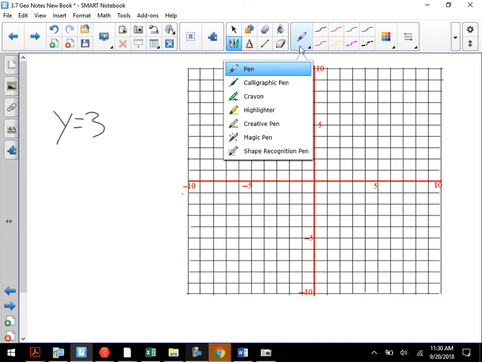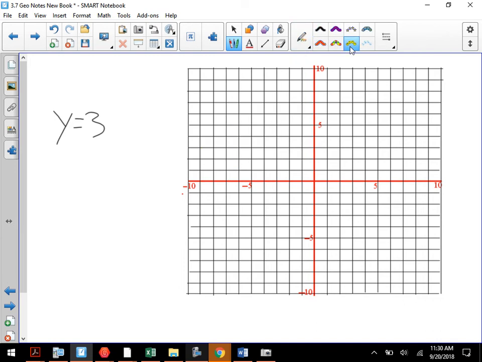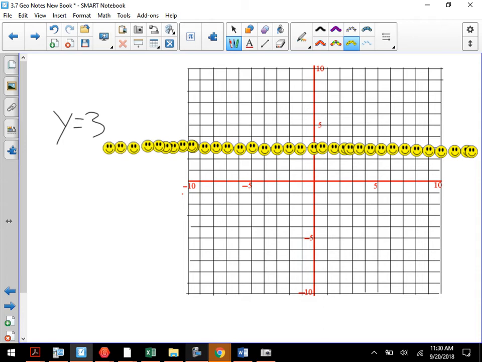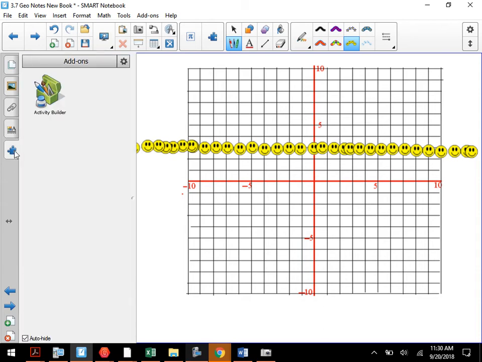Well, it equals 3 here, here, here, and so on.